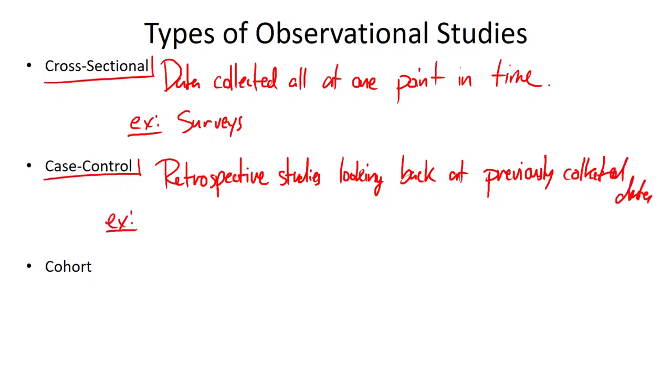For example, if you go back and look at historical records, like census data, that would be a good example. You'll see this in medical studies as well. The data's already been collected in the past, and you're just going to go back and sift through it to see what you can find. That would be case control or retrospective.